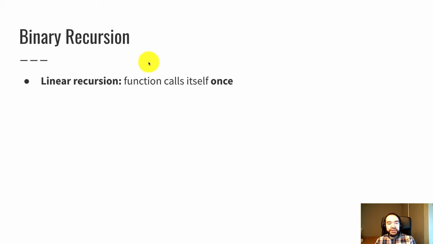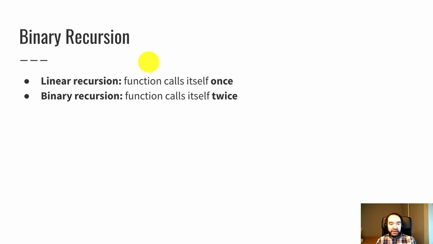In linear recursion, in the general case, the function calls itself once, and that's why it has the name linear. In binary recursion, the function calls itself twice in the general case. This is a natural fit for binary tree nodes because a binary tree node has one piece of contents, but it also has one left pointer and one right pointer, the two child pointers.